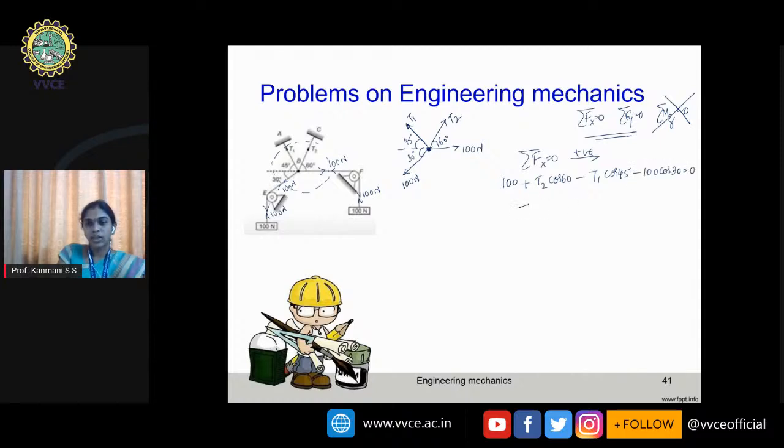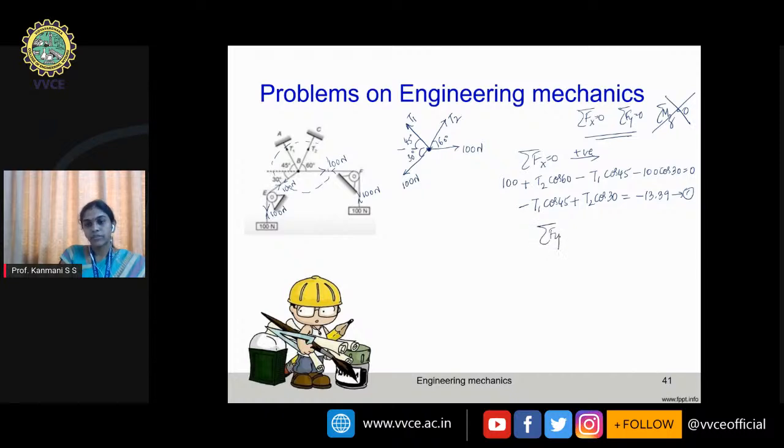Or I can write minus T1 cos 45 plus T2 cos 30, and if you add these two, minus 100 and this value, you will get to this side minus 13.39. I'll call this equation 1.